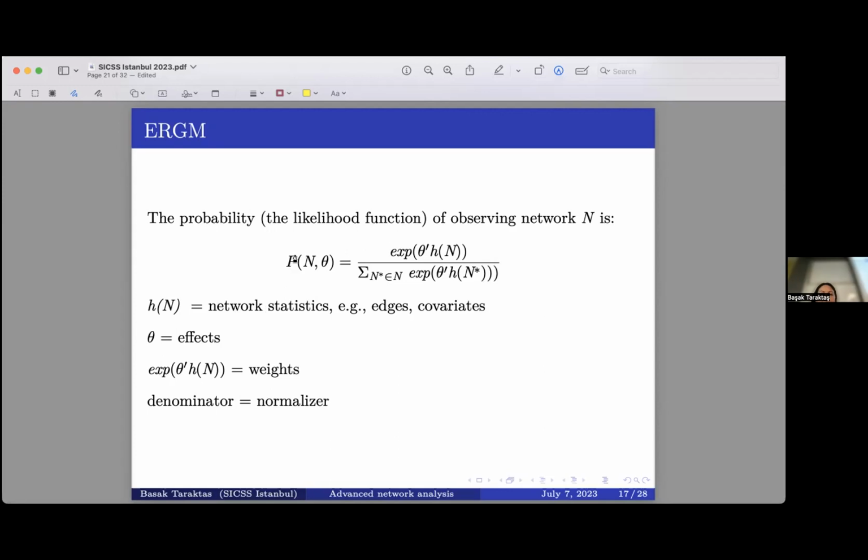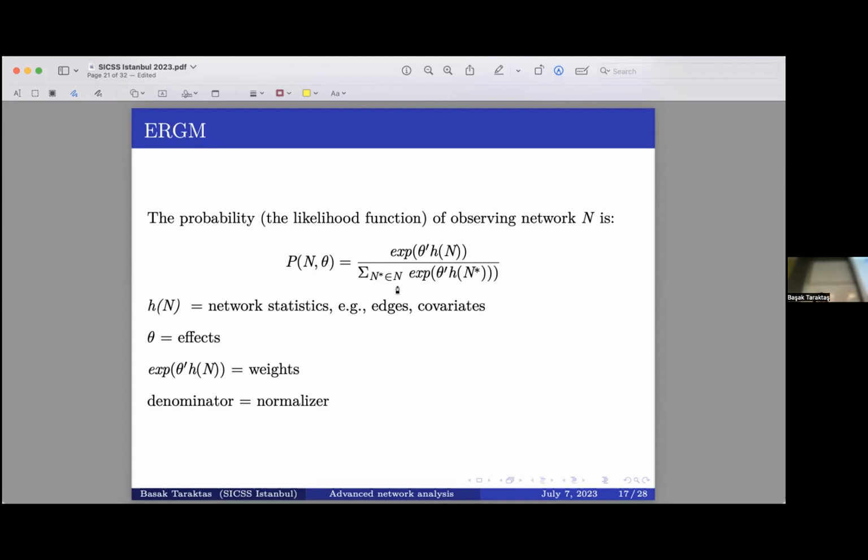So this is your observed network, which can be expressed in this exponential format, where this is the theta, like all these effects that we just talked about, but estimation, hence this tilde thing. And these are basically the weights, and the denominator is the normalization.